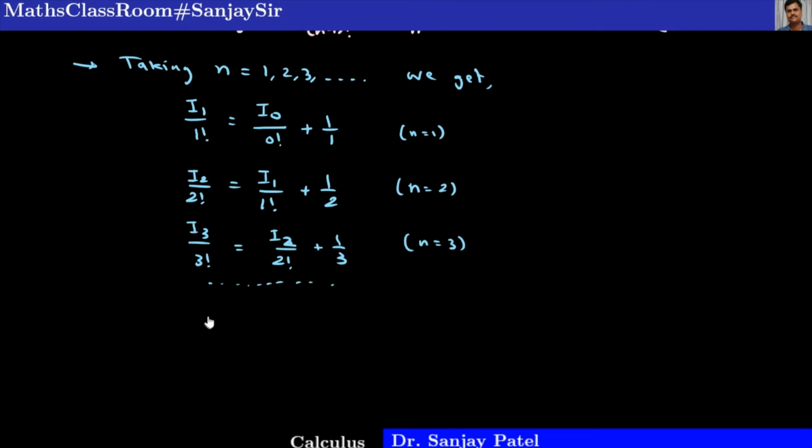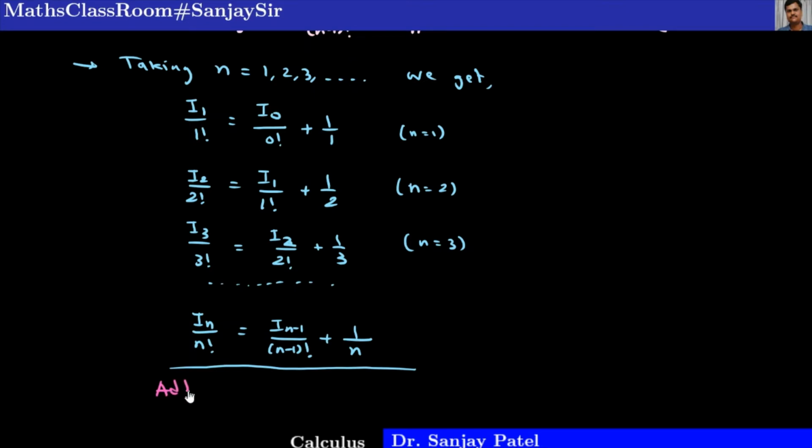So the last step I would like to write is In upon n factorial is equal to In minus 1 upon n minus 1 factorial plus 1 upon n. Okay, now we add all these equations.